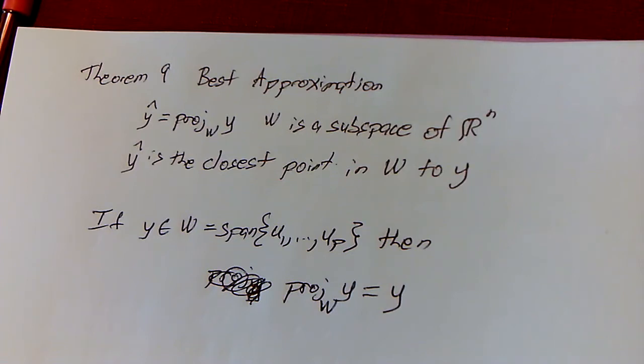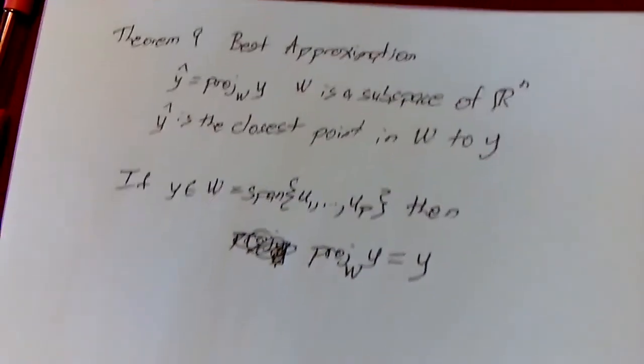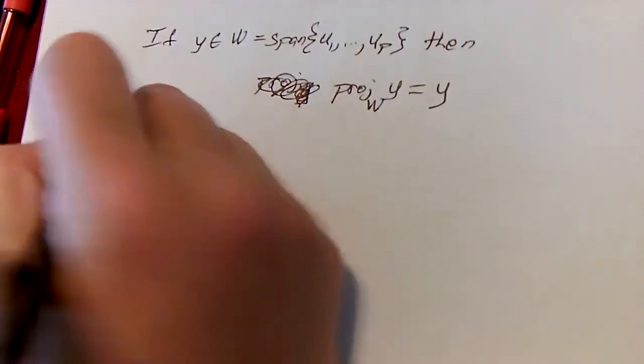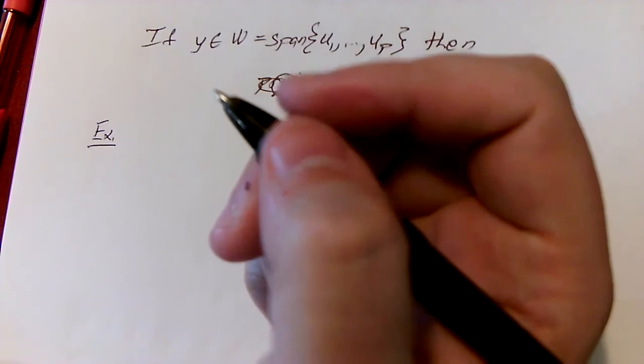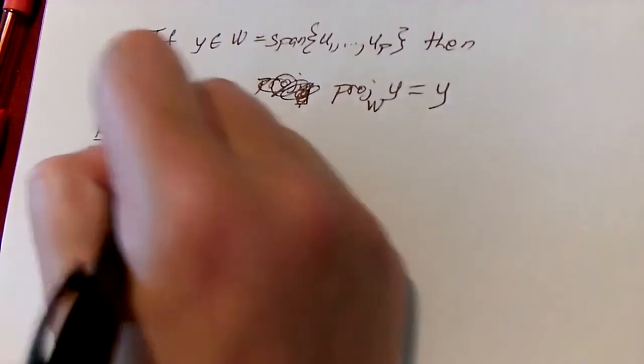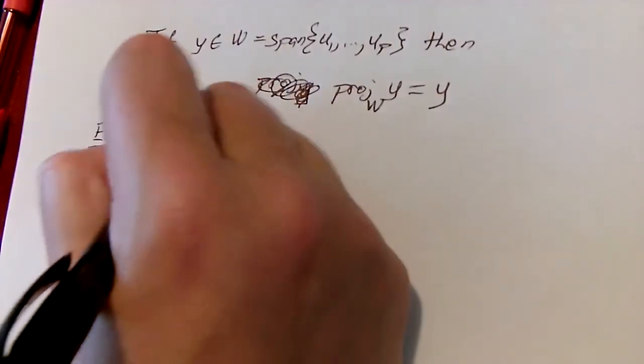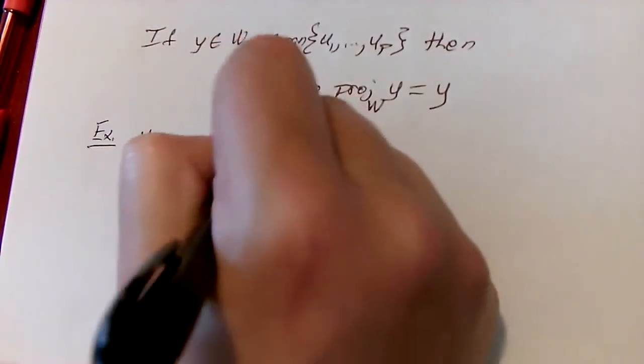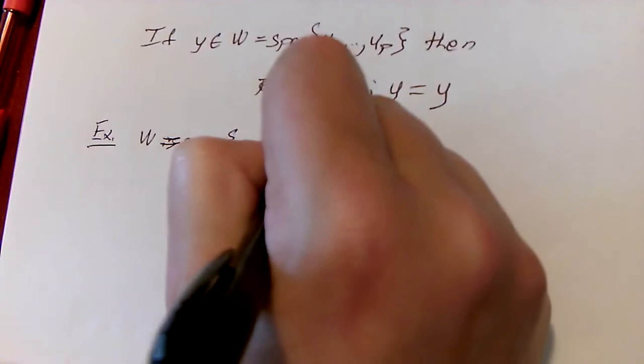Okay, so let's do one more example here. So in this example, W is equal to the span of U1, U2, and U3.